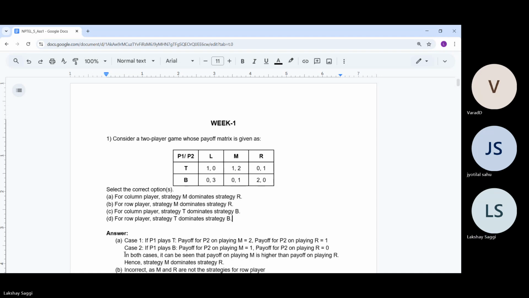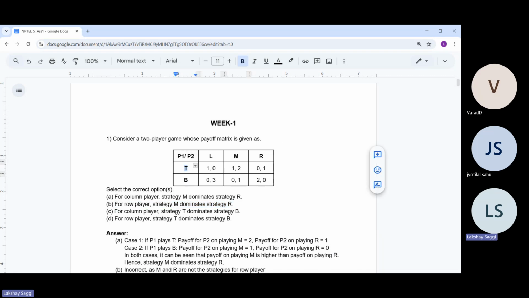So the first option says that if the row player plays T, then the payoff is as I have written down, and we can see that strategy M dominates strategy R. But for the row player, the second statement says that strategy M dominates strategy R. Note that there are no strategies M and R for the row player.